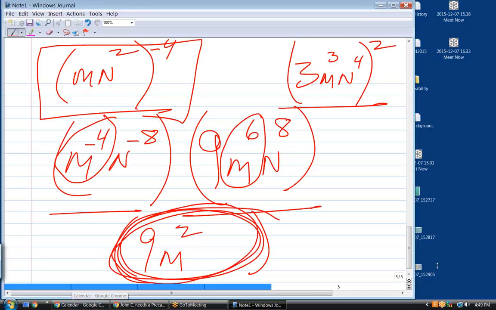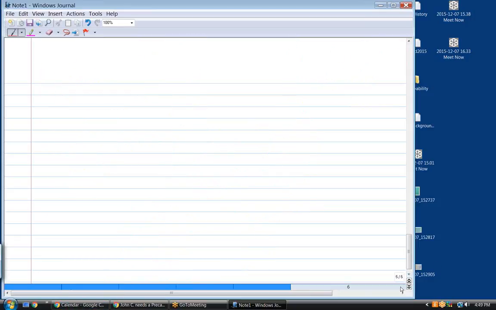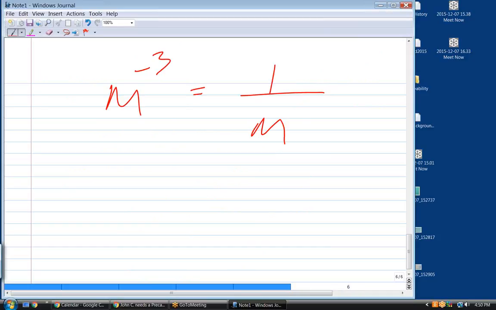Okay. In other words, there's nothing about any of these that are anything but those 3 rules and the fact that that is equal to this. In other words, you have to know that also.